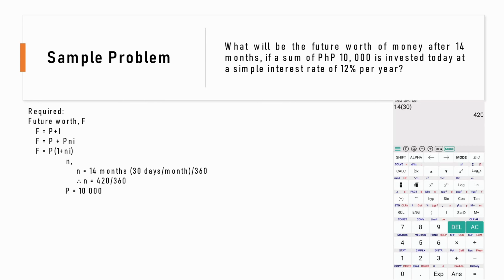And then yung P is equal to 10,000. I is equal to 12%. So lagay natin sa equation, F is equal to P which is 10,000. Then 1 plus yung N, 420 over 360 multiplies sa 12% or 0.12. So F is equal to 11,400 pesos.